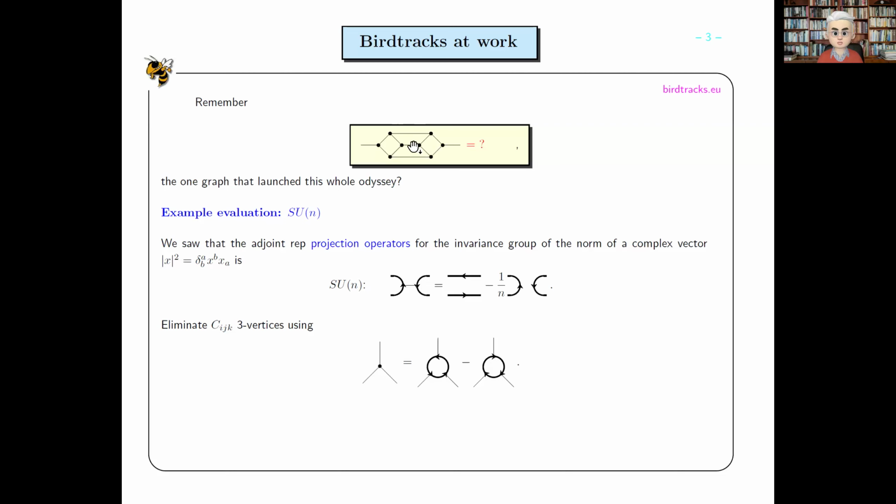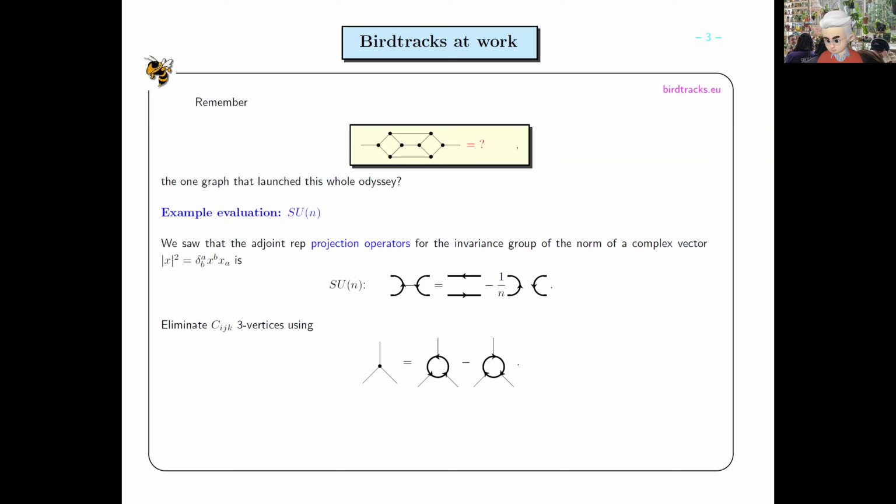Every time you see a three-gluon vertex, you can replace it by the trace of a 3-point electron loop or quark loop in two opposite directions. And by quark, we only mean the defining representation.